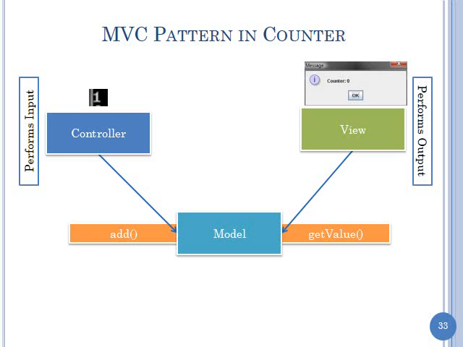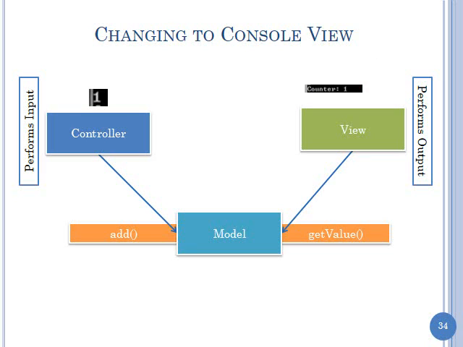And in my counter case, my controller is going to be the object that goes and processes console input. That's all it's going to do. My view is the one that's going to be either displaying this particular dialog, this particular message box, or not. So if you want to change to a console view, we keep the same model, same controller, just change the view. That's what we want from a pluggable system.